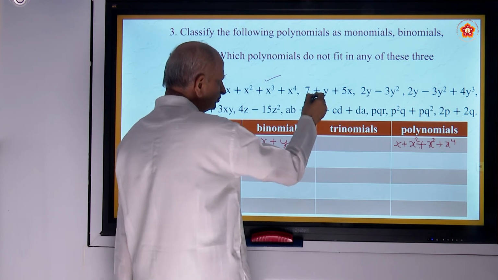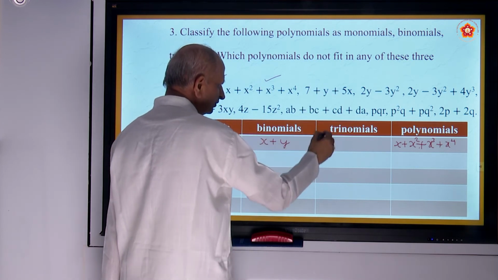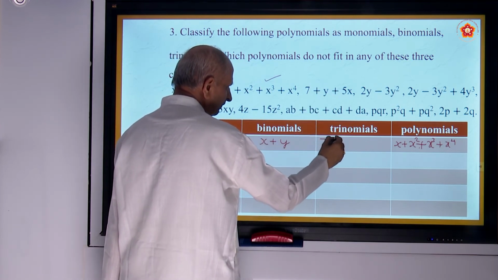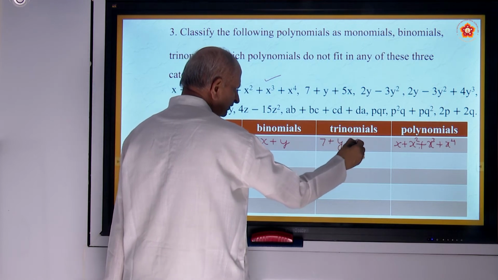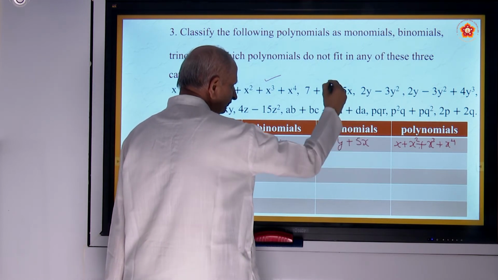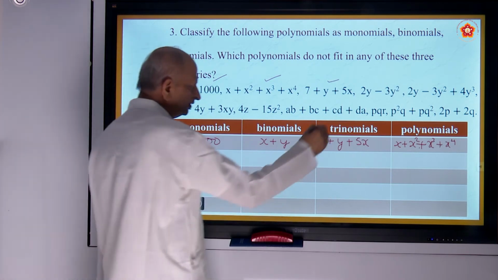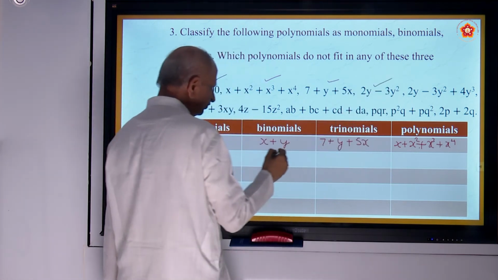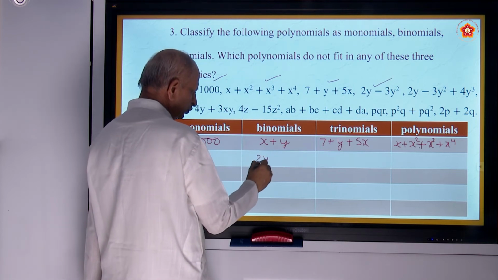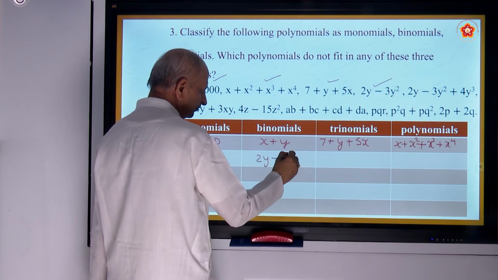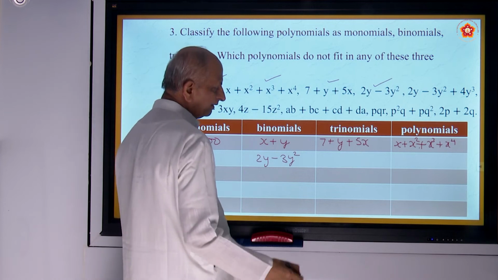Then how many terms do you have here? 3 terms. 7 plus y plus 5x. This is a trinomial. Next comes 2y minus 3y squared. Binomial.